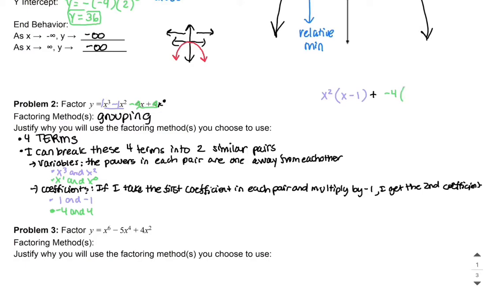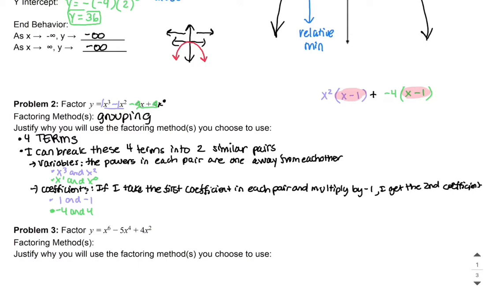I know -4 times x gives me -4x, and -4 times -1 gives me +4. After I take out the GCF, I can see that these 2 pairs have x minus 1 in common.